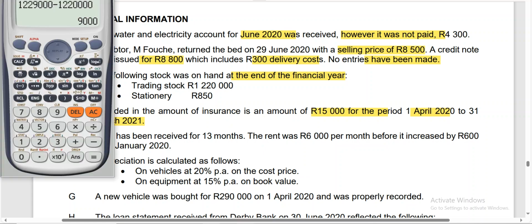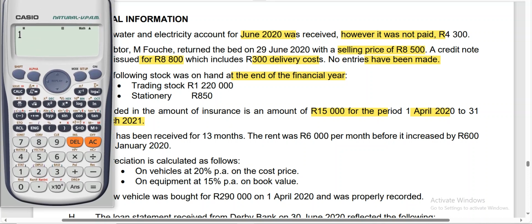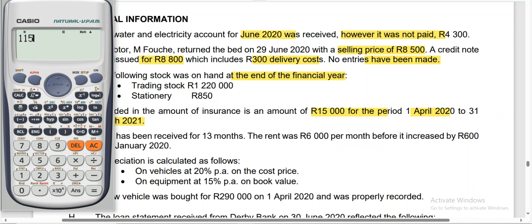So what we are going to do, we are going to say 15,000. Maybe let me bring this calculator down so that you guys can see. We are going to say 15,000 multiplied by 9 divided by 12, because I want to see how much was prepaid.